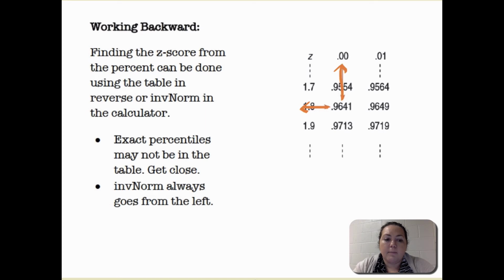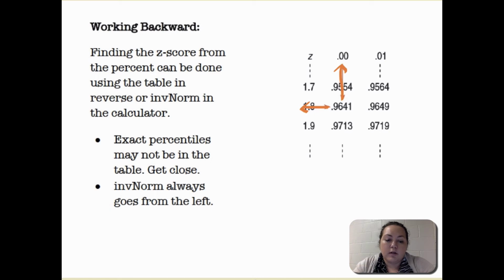All right, if you are working backwards, so you have the percent and you're trying to figure out what the z-score was, finding the z-score from a percent can be done by using the tables in reverse. You would find the closest percentage on your table in the middle area, and once you find it, you go up and over and put those pieces together to make your z-score.